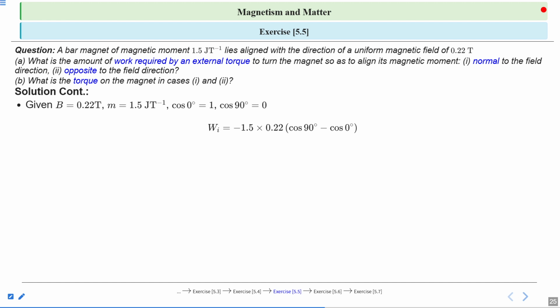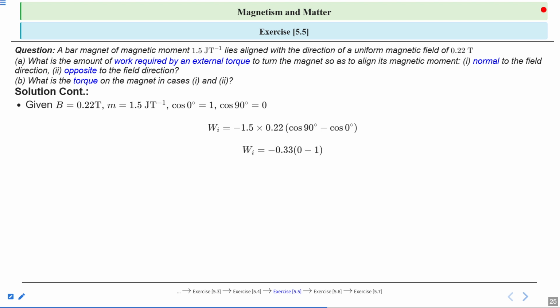W1, in the first case when the magnetic moment is normal to the field direction, will be equal to minus 1.5, that is M, times 0.22, that is B, times (cos 90 degree minus cos 0 degree).